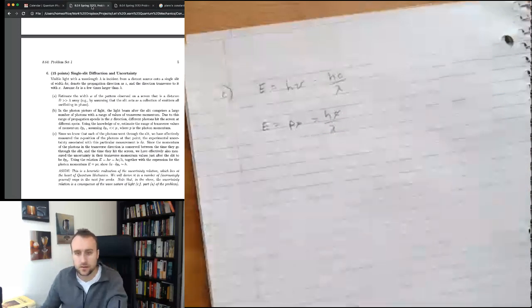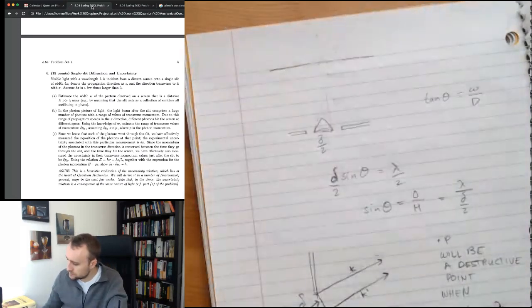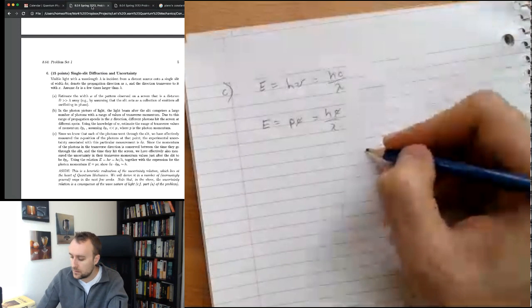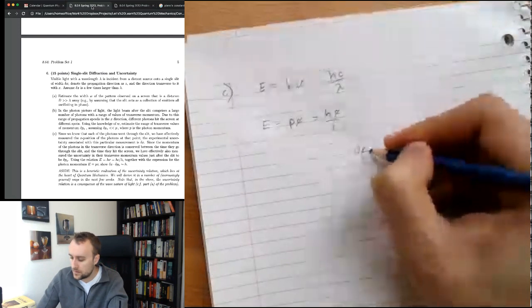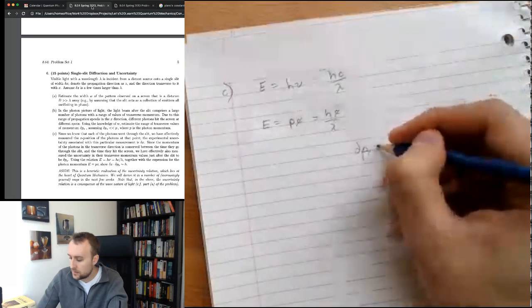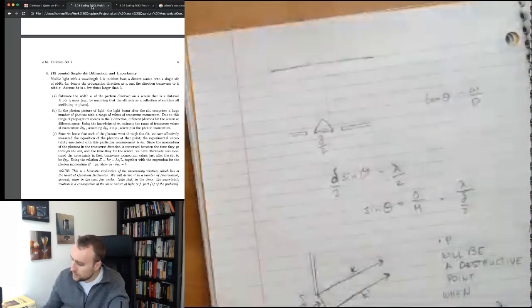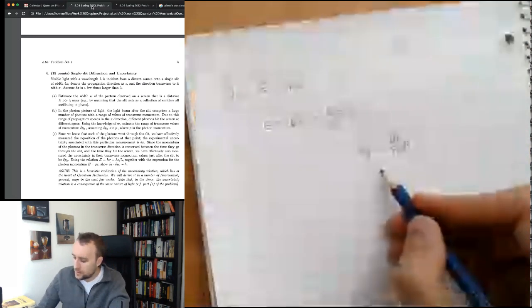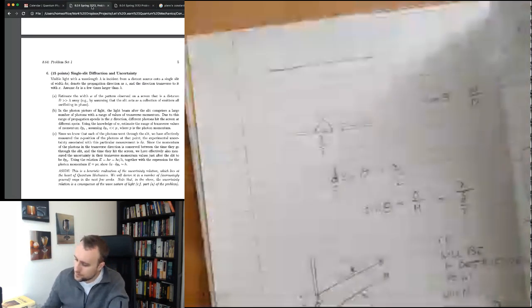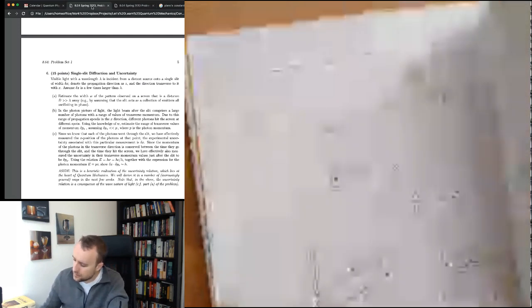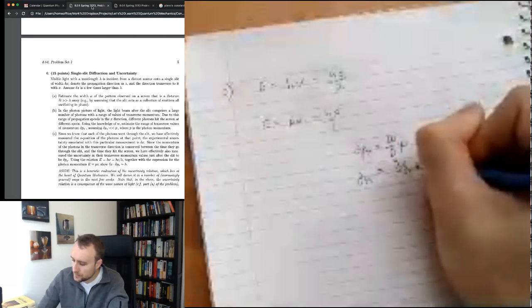Delta x, what was it we have? Delta x is equal to, from the last one, the width is equal to lambda over xd over d.